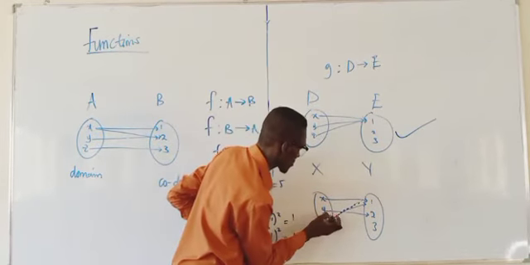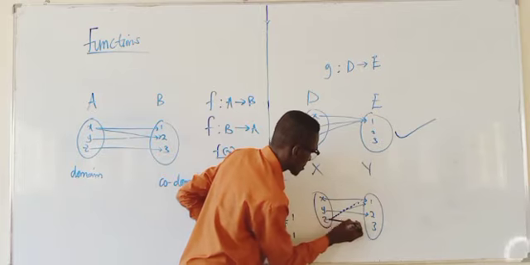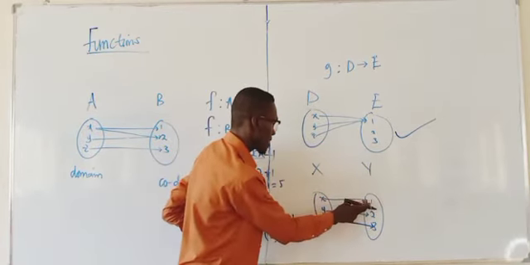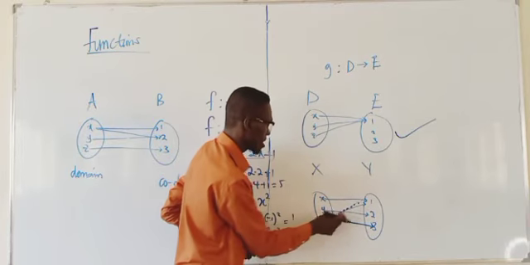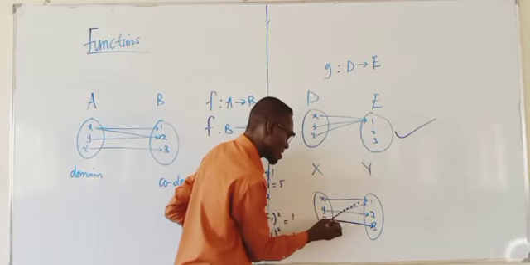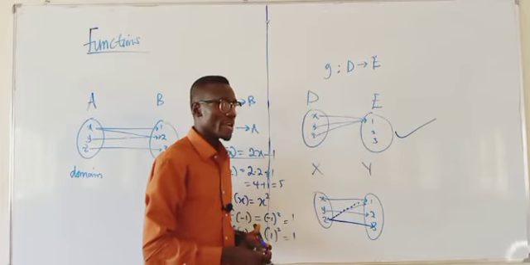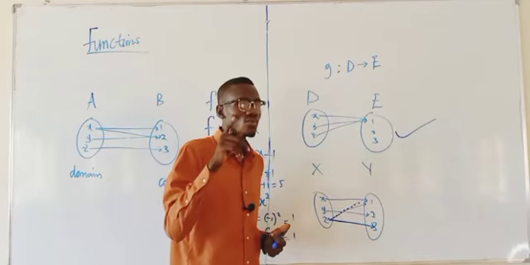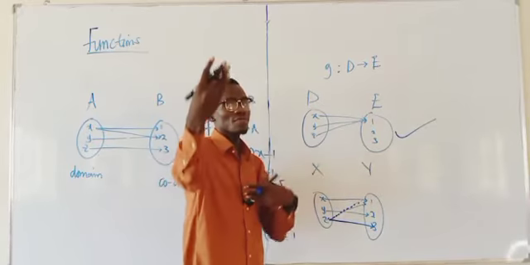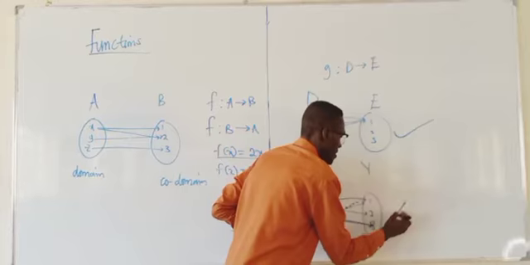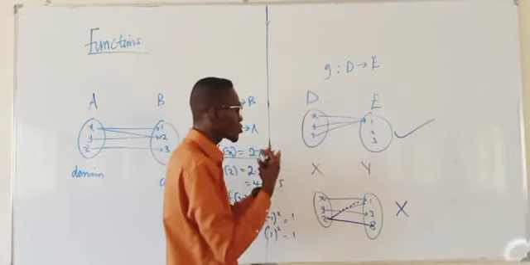It shouldn't be like this. I'm supposed to put this. Very sorry about that. I'm having x mapped to 1, y mapped to 2, z mapped to 3 again. Z is mapped to 1 and mapped to 3 at the same time. It's not possible. I can't be here and still joining you. I can't be talking here and still watching myself from the camera. So that is not a function. So this failed.